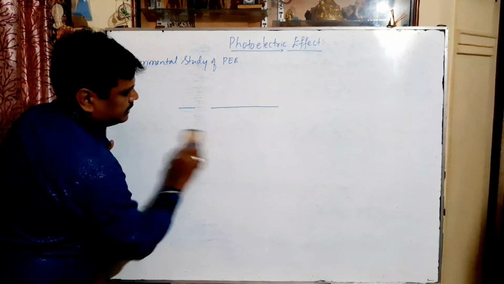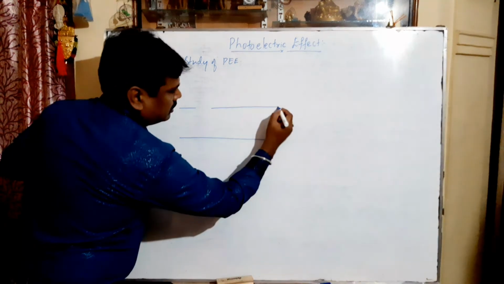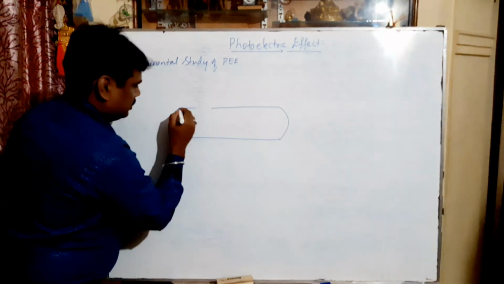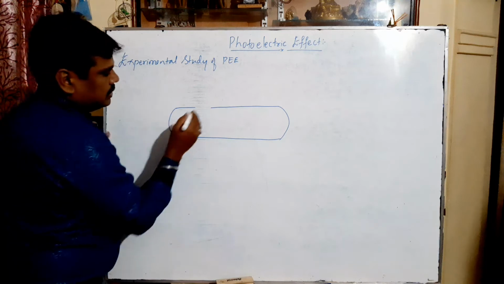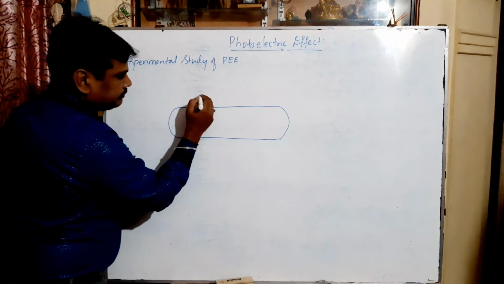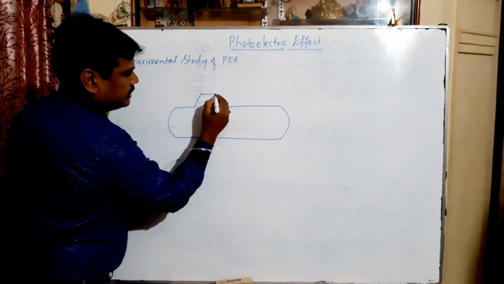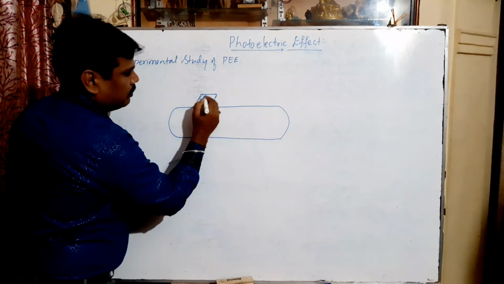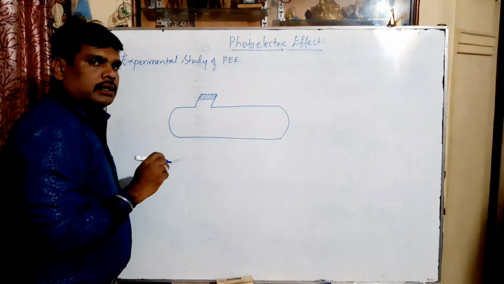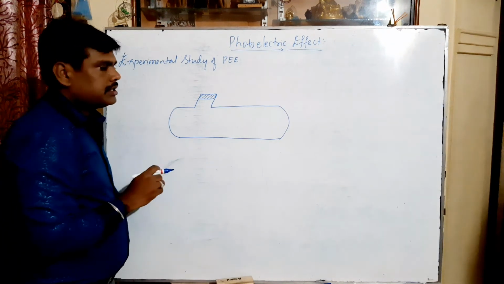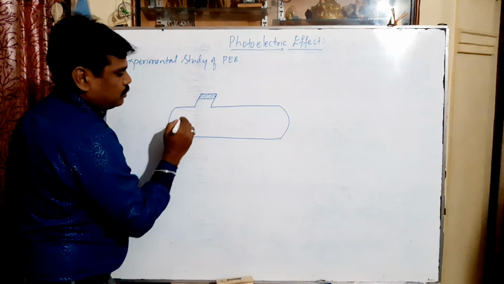It is a tube-like structure, a closed tube. We have to maintain evacuation inside this. And this tube is provided with a quartz window. This is the region where the quartz is placed, because quartz is a transparent material which allows light or radiation to pass through it.